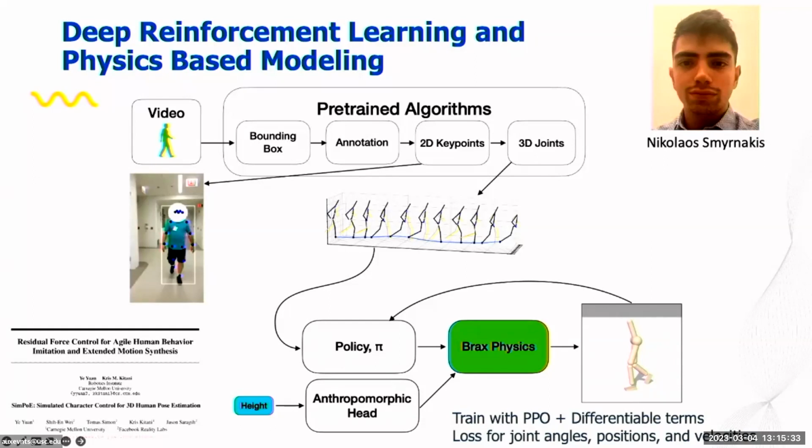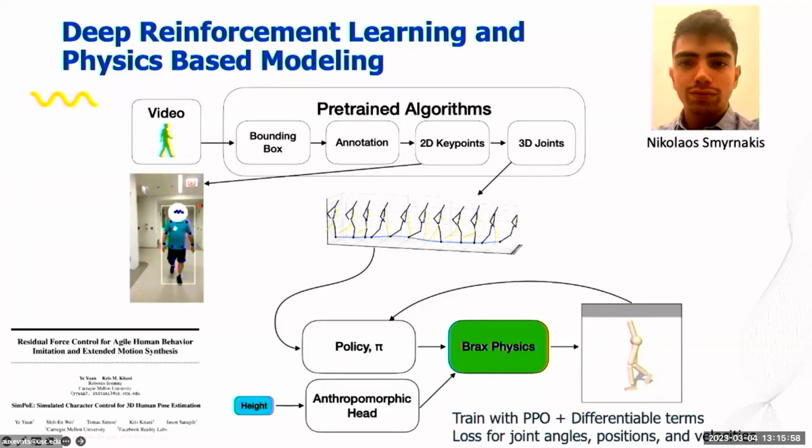I was really inspired by a couple of papers by Ye Wan, working on approaches of coupling physics-based simulation to computer vision, and particularly addressing issues when there's a mismatch between an individual's biomechanics and the average properties in the physics model you're using. In particular, I'm really enjoying using the Brax physics engine, which is screaming fast. I can run about 1 billion simulation steps per hour on one GPU.